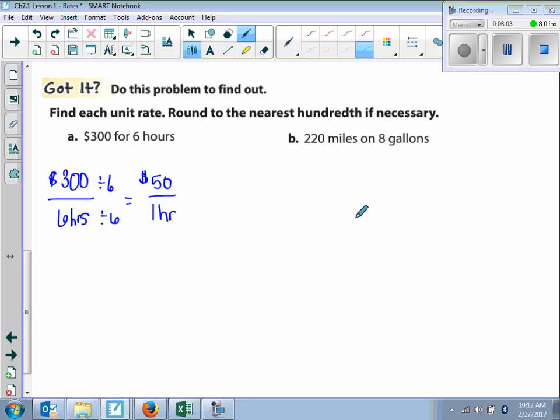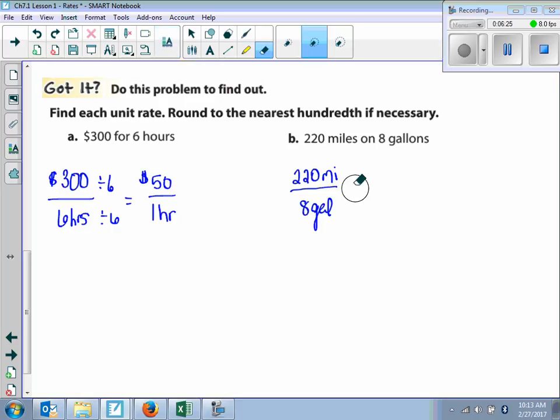Got it? Good. So for letter B, we're going to write it as a fraction again. So that's going to be 220 miles over 8 gallons. Okay, so now, how are we going to change this to a unit rate? Divide by 8.